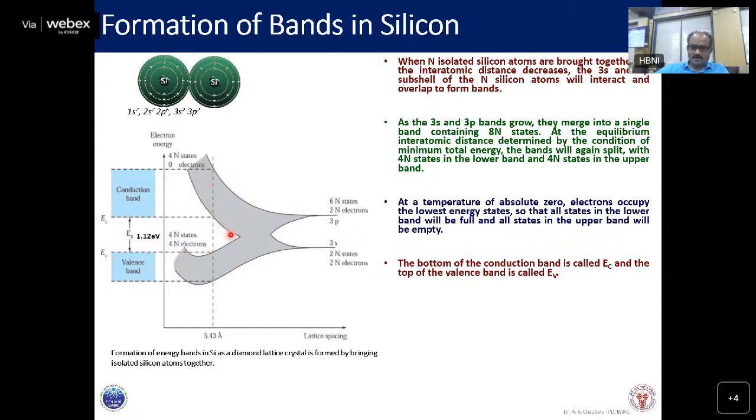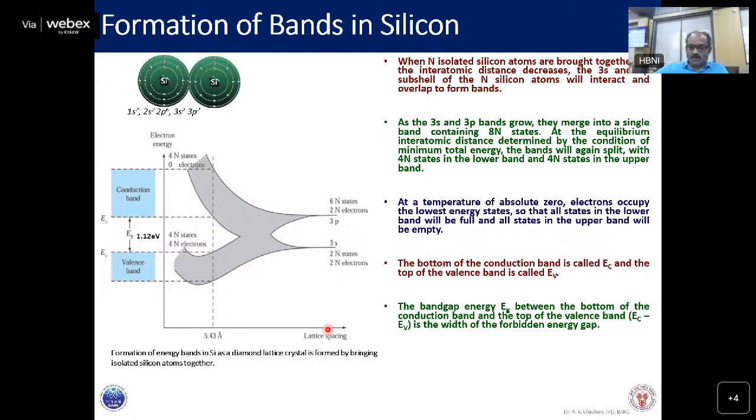will be totally empty. The bottom of the conduction band is called EC, and the top of the valence band is called EV. So the band energy Eg between the bottom of the conduction band and the top of the valence band is this one. This is called the width of the forbidden energy gap.